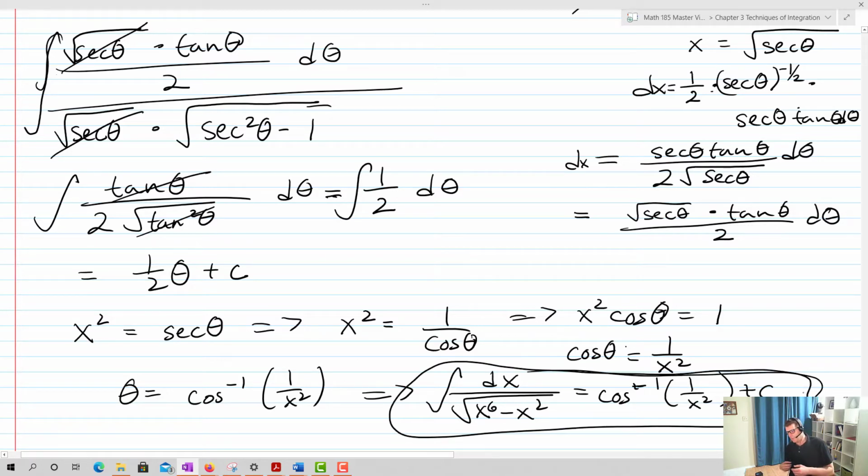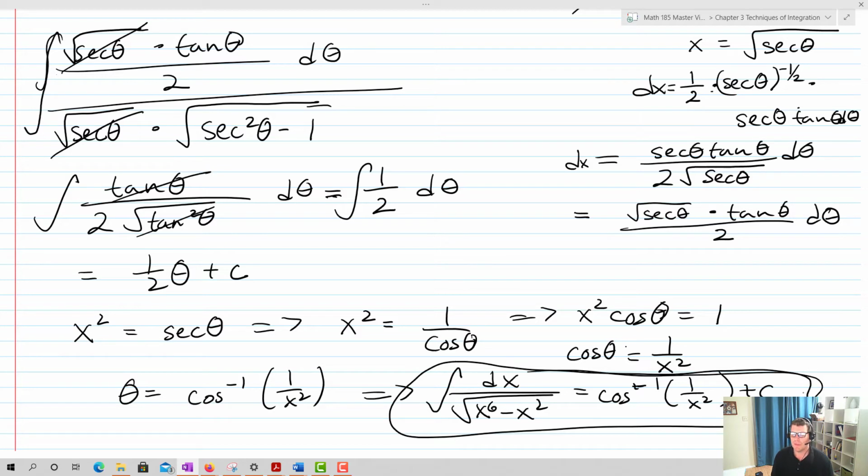So in this example, we had to work a little bit harder to see that we had that trig substitution. Sometimes when you're trying to integrate, that's what we have to do. We have to work with things, transform them into the proper form so that we can integrate them. And then there's a little more we have to do to transform this back into a function of x.